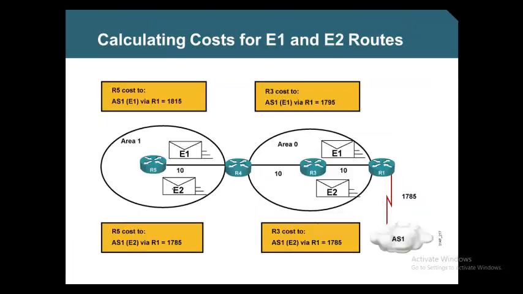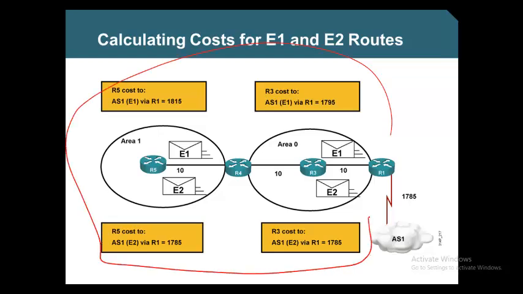Let me explain again. You see here in this picture, this is the OSPF autonomous system, and this is another autonomous system. Routes are coming from here. While redistributing, if you don't give a metric, what is the default metric? 20.